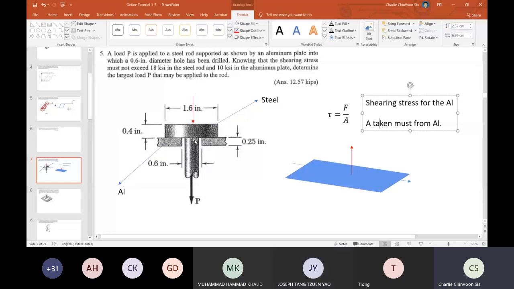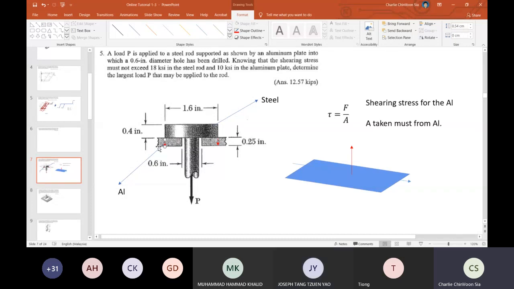So what happens if you apply the force from here? Basically, it will be subjected around here, from here to here, transmitted. Just imagine the steel rod punching through the aluminum plate.